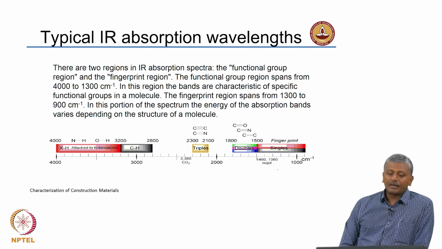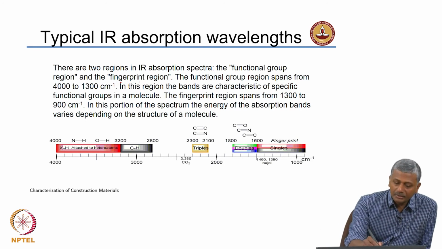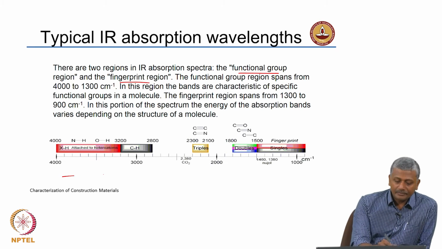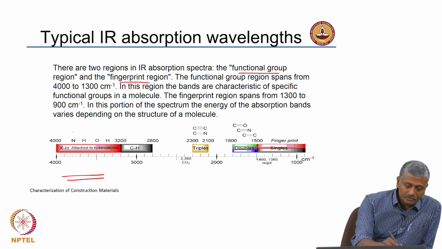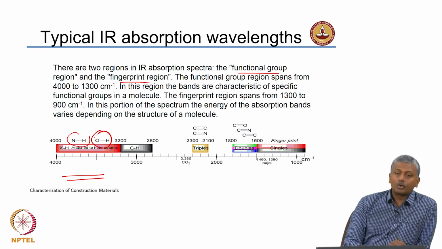So, the typical IR absorption wavelengths are divided into two groups. One is called the fingerprint region, the other is called the functional group region. At the higher end of the absorption spectra, that means at higher wave numbers, what you get are called functional group regions. So, here nitrogen hydrogen group, alcohol group OH and so on, these are essentially the functional groups that may be present in your systems.